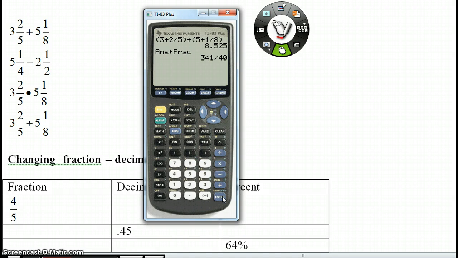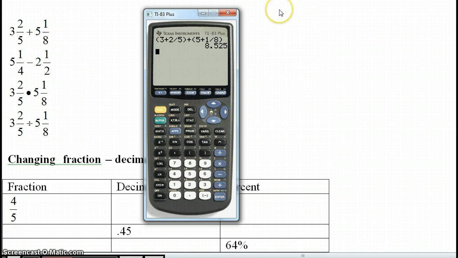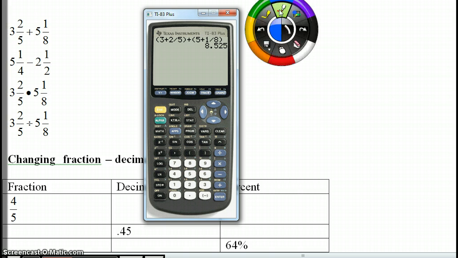So today we're just going to play around with putting things in the calculator properly and then changing it. Let me go back to punching it in, and then let me explain how I want you to write these answers down. When I see 8 and 0.525, I'm going to put 8 down for my whole number, and then what I need is the fractional value for 0.525.